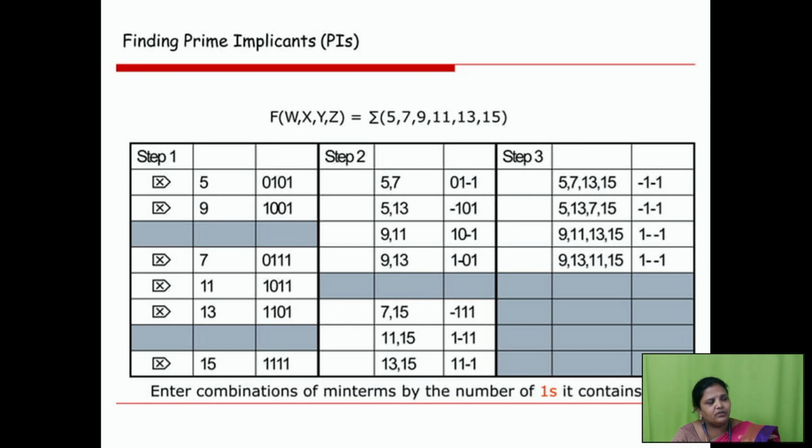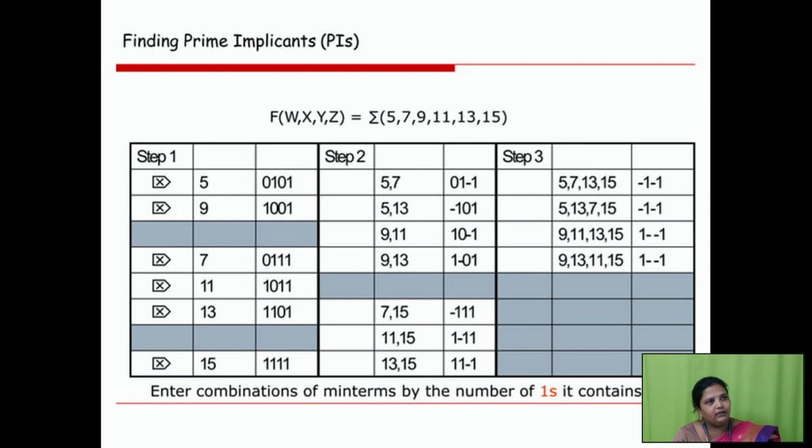So next you have to check with your 9 comma 13. In your 9 comma 13, your second position is changing. So in this next group, we have to find dash in the second position, so that we can compare 9 comma 13 and 11 comma 15. So 9 comma 13, 11 comma 15, 1 dash, then the third position is changing, dash 1.